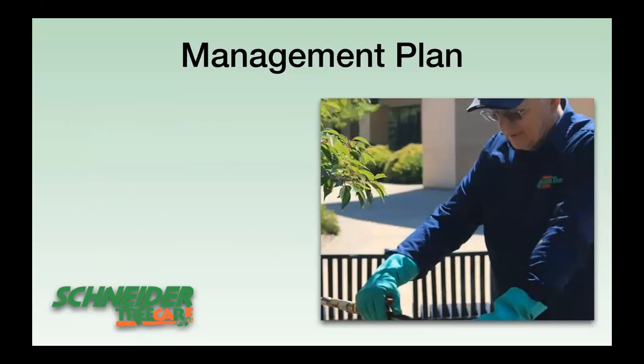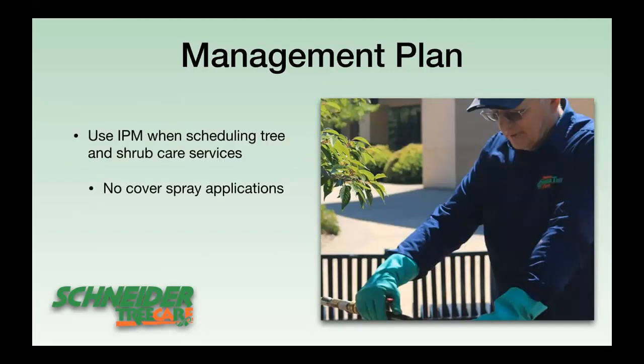The other thing that we put into our management plans after we've done an inventory is tree and shrub care services. So keeping the trees as healthy as possible, treating for insect and disease problems as they arise, trying to keep everything as healthy and disease-free as possible.